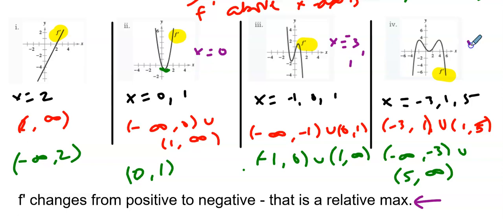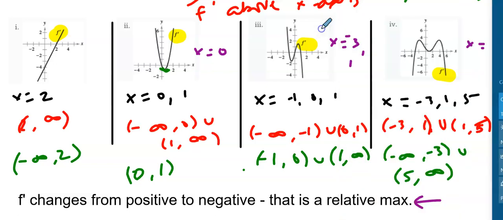And on this graph, it's going to be at x equals, let's see here, only 5.